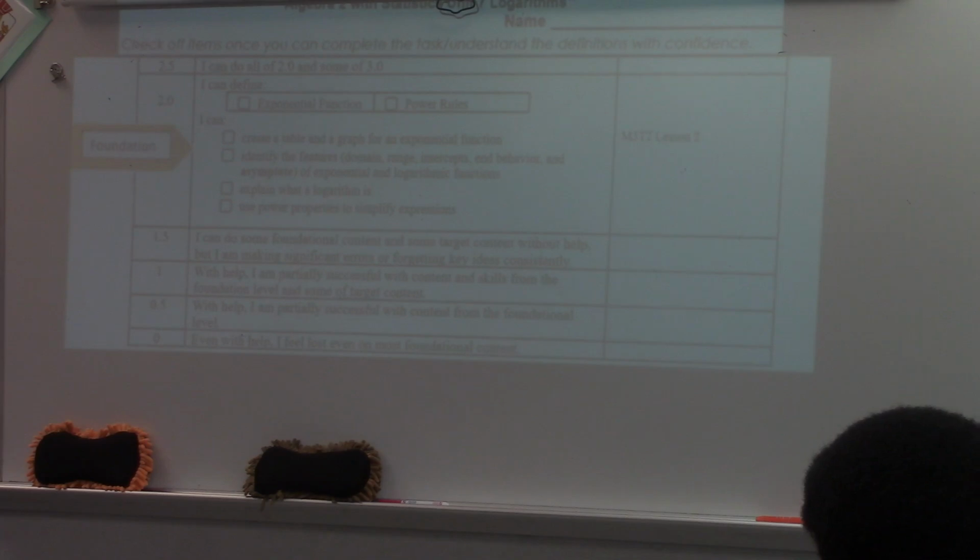So actually, no. We're going to get back to this idea of what a logarithm is. But that's the only foundational piece of the lesson we're looking at. The rest of this we should do. We are about to get a little bit of practice with identifying the features, because we haven't done it with a logarithmic function, but it doesn't change a ton from exponential.